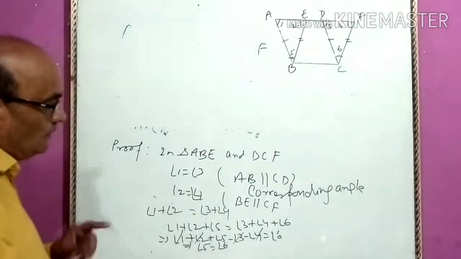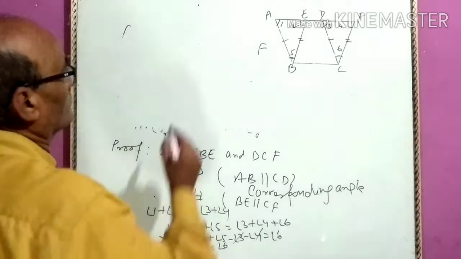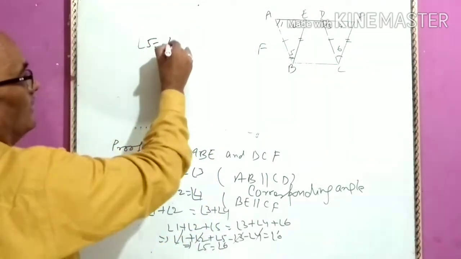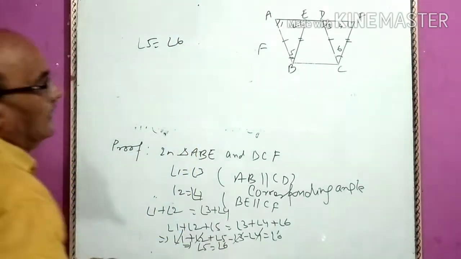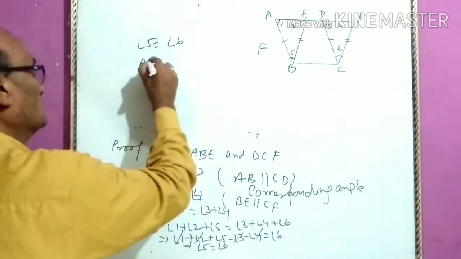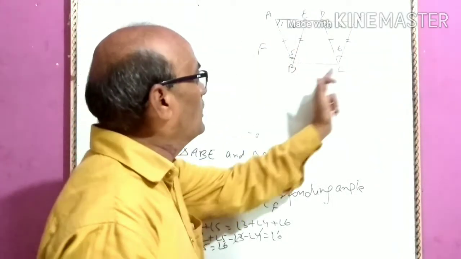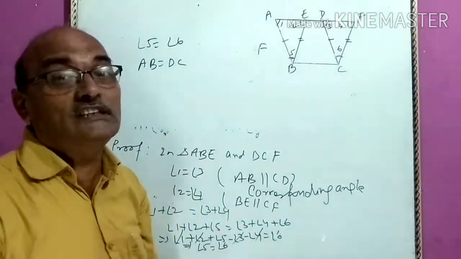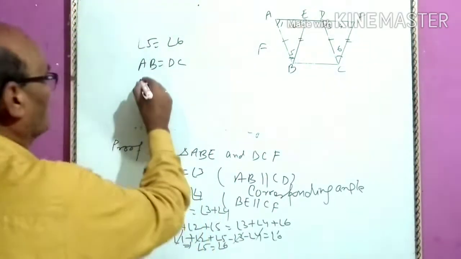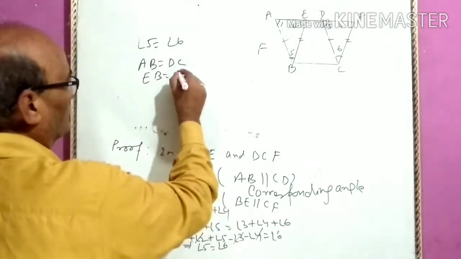So again, in triangles ABE and DCF, what you find is that angle 5 is equal to angle 6 and AB is equal to DC, because in a parallelogram opposite sides are equal. Secondly, EB is equal to FC.